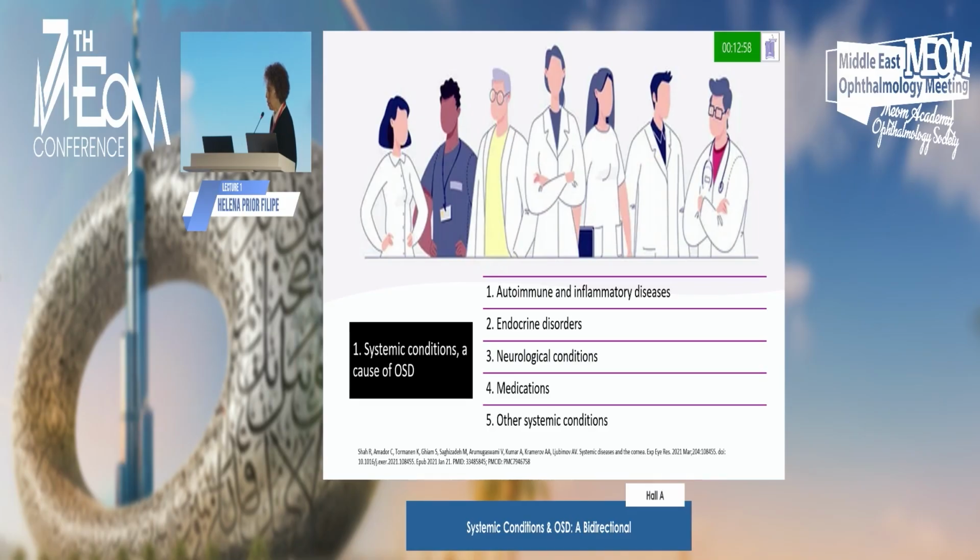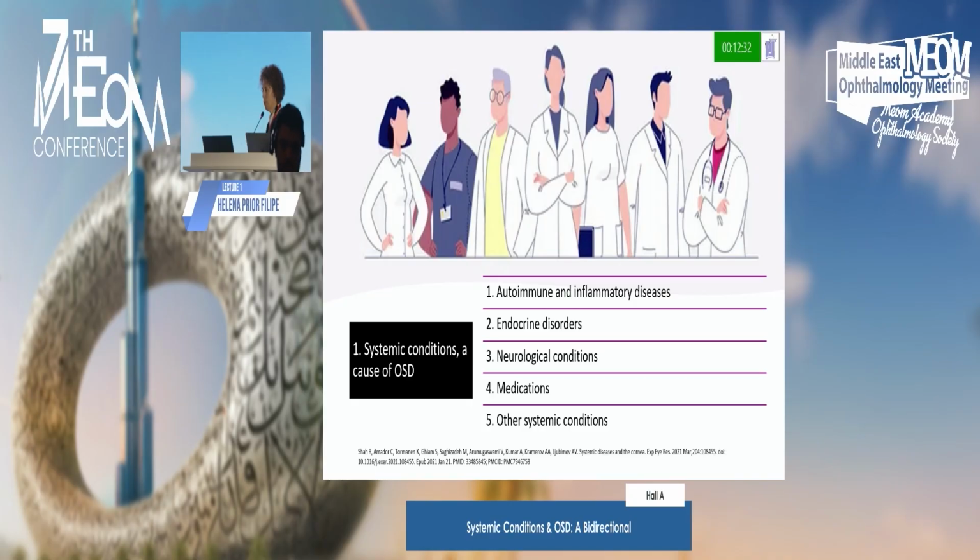So there are a lot of systemic conditions that can have implications on the ocular and visual system, and this can be a categorization that we can follow. It's a complex, difficult taxonomy, but we have to find some that can help us.